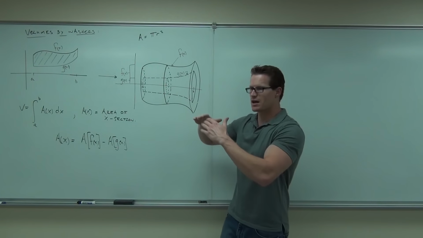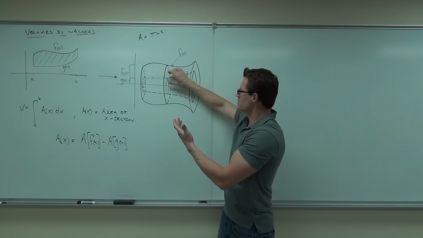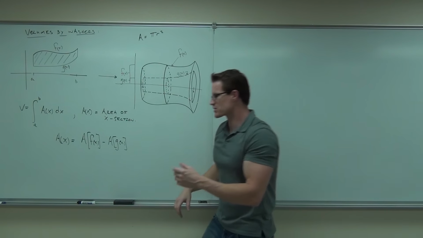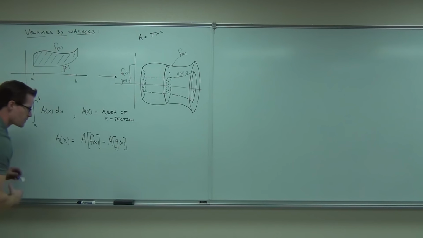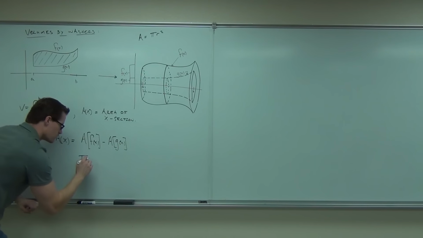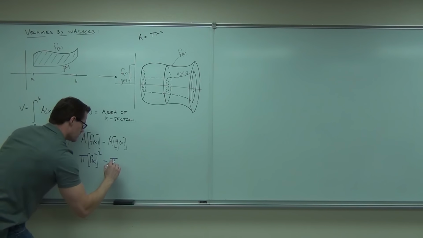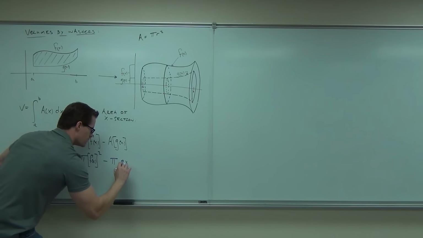So the radius of our circle of our cross section is just the height of the function. That's right, f of x. It's just the height of the function. It just says g of x. So if we put in these areas, we should get pi r squared minus pi r squared.